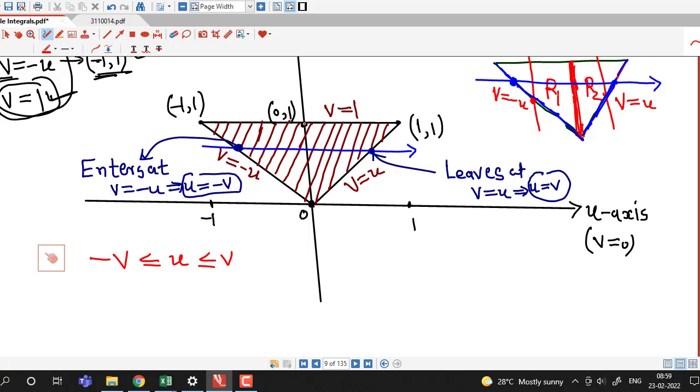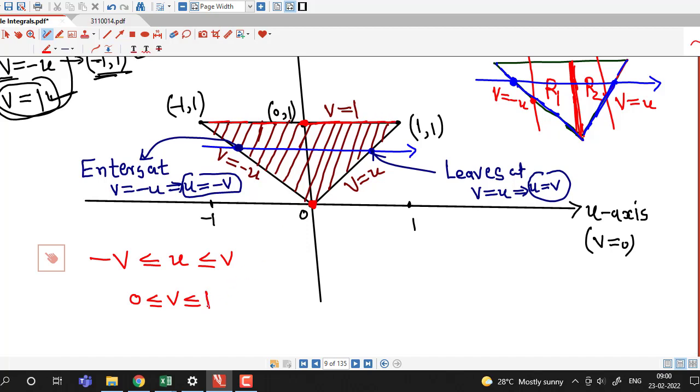Now to decide the limits of integration for v, we can find out the lowermost point of the region and the uppermost point of the region. This is the lowermost point of the region. At this point the value of v is 0. So the lower limit for v will be 0. And all these are uppermost points of the region, and at all these points the value of v is 1.